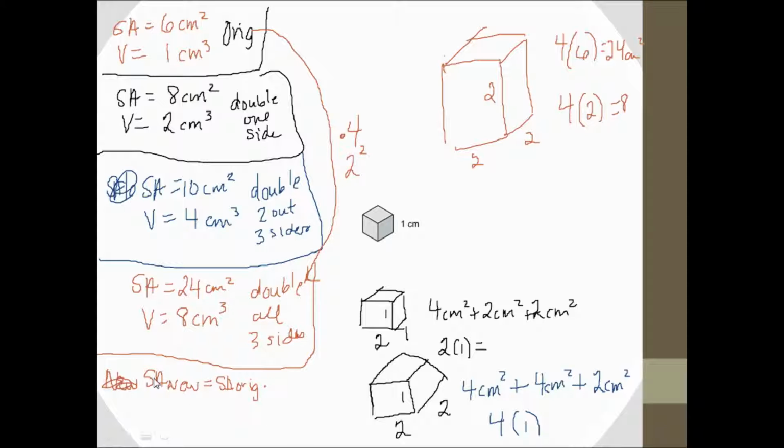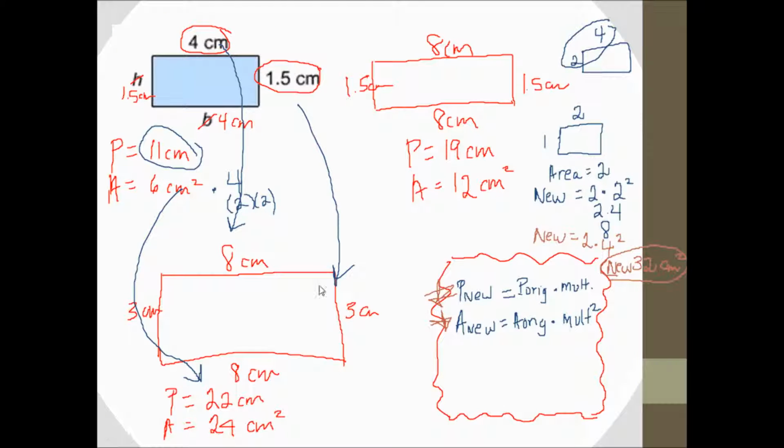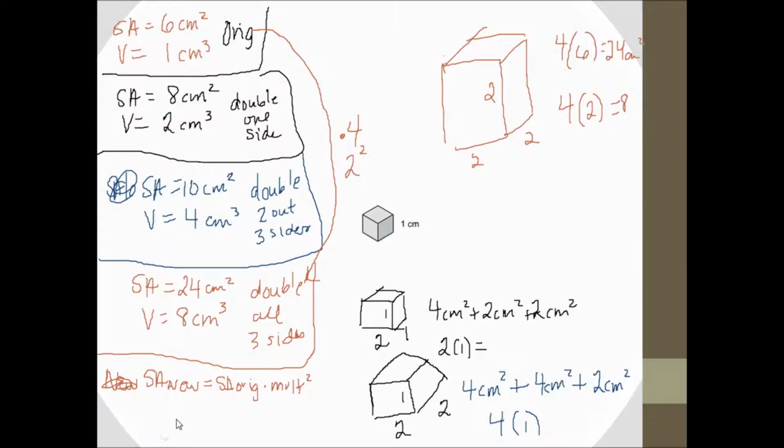So anytime we have area, it's the multiplier squared. So in the last problem, our area was your multiplier squared. If I would have increased all the dimensions 3 times, so instead of a 2 by 2 by 2 it would have been a 3 by 3 by 3, then I would have done the original surface area times 3 squared.